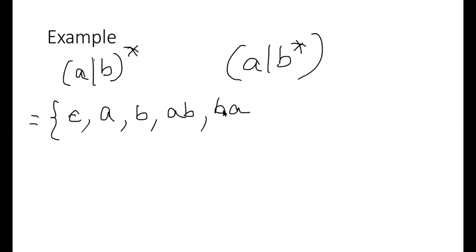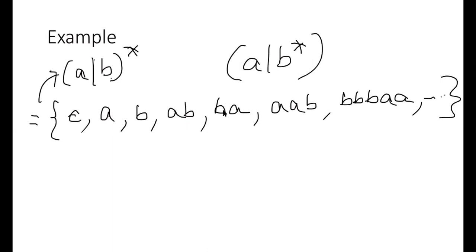I can start with B and then I can go to A, because it is repetition. Then I can have AAB, A repeated twice, then B. Or I may have BBBAA. I can go on like this. So this is for this regular expression.